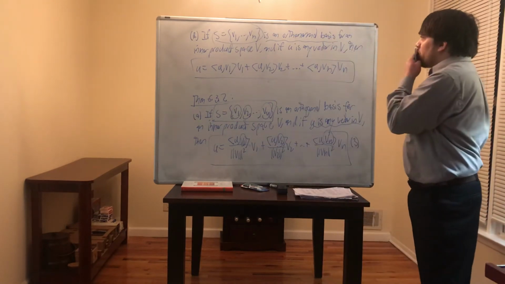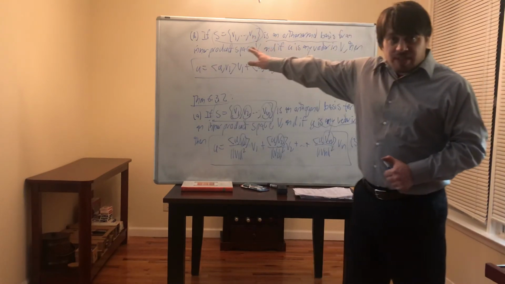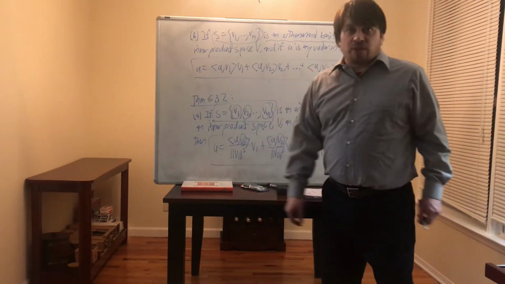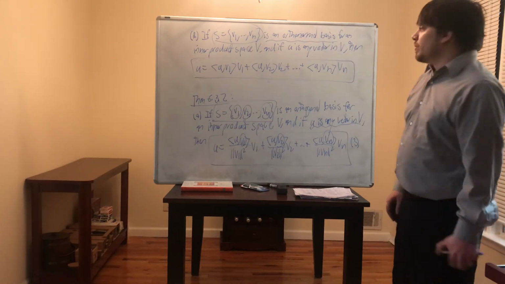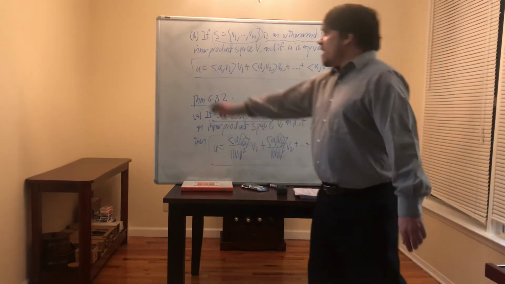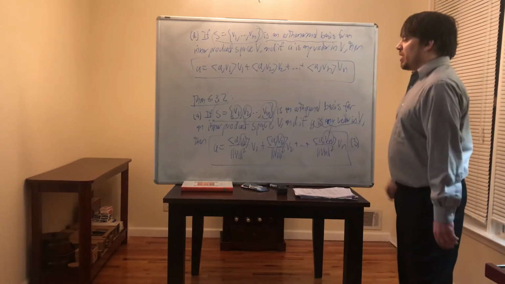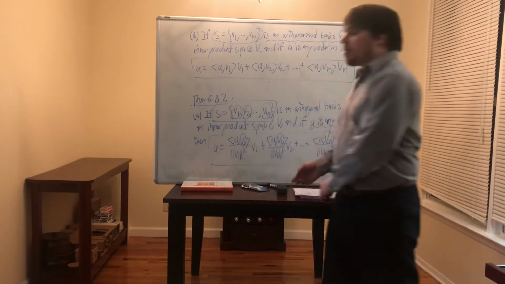It's also a basis, so it's a linearly independent set, and it spans the vector space V. So this is an orthonormal basis for your inner product space V. And if u is any vector in capital V, then u is equal to that sum of products. It's just this expression except without the denominators.